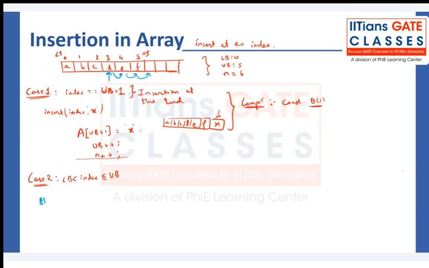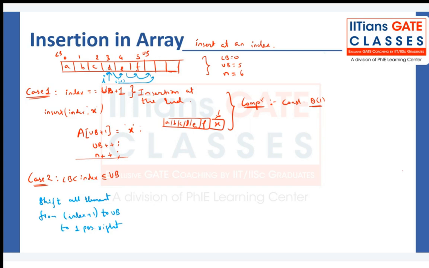So can we not say that for this, we need to shift all elements from index plus one position to upper bound by one position, and then insert, correct? If this is the index where you need to insert, then from I plus 1 to the upper bound, you need to move all the elements by one position, right?